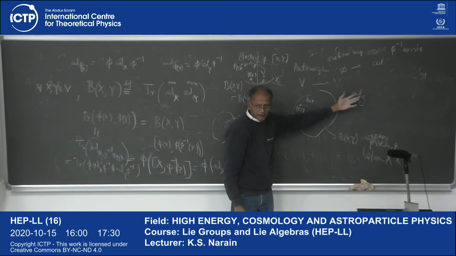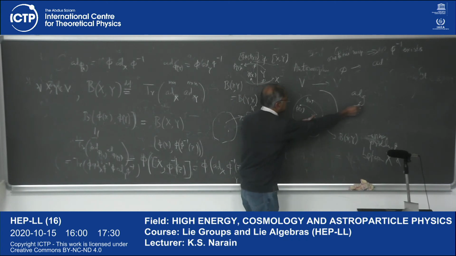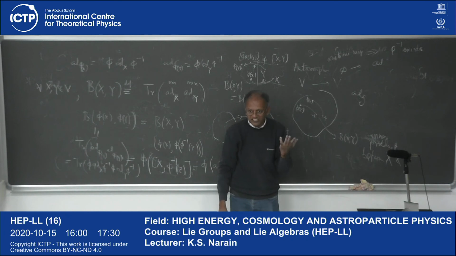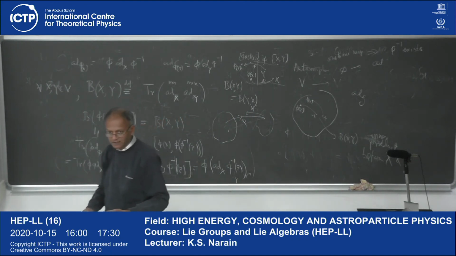There could be more than that. But ad G itself is an automorphism. So we are saying that if ad G takes you from here to there and there to there, then the inner product between these two is the same. So it's like a G invariant, group invariant inner product.